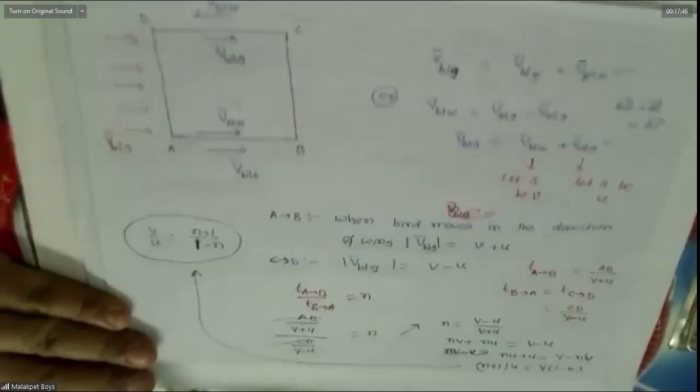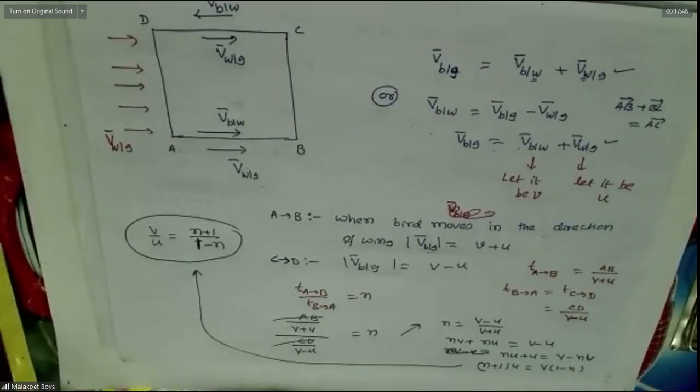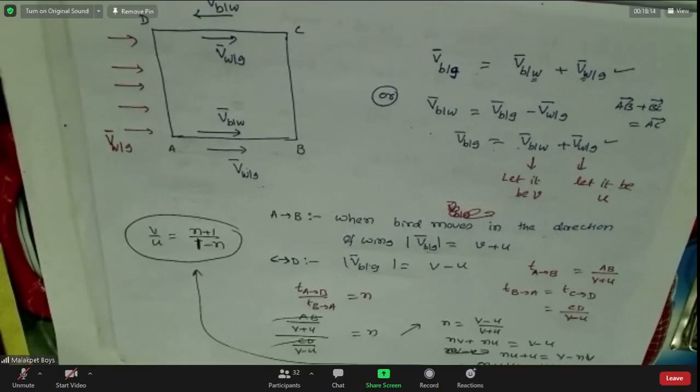I just found V by U, nothing else, because except N, nothing is given. So I assumed V and U. Now you have to connect V and U with N, no? So you got the interconnection between the assumed quantities and given quantities. What are the assumed quantities? V and U. What is the given quantity? N.